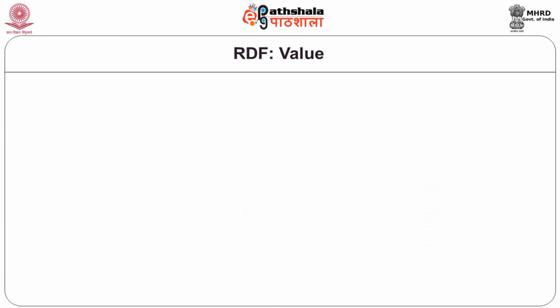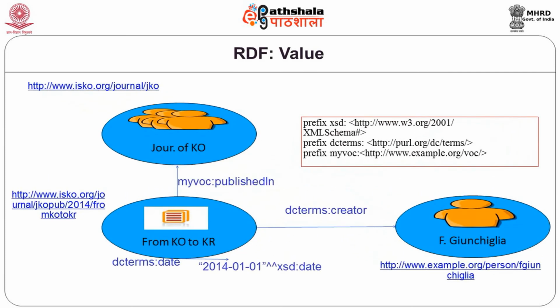Now the value is the value for the property of a resource, because we talked about the resource, then we talked about the property. Now we are talking about what the value of it is. These properties are kind of attributes or relationships between two resources. So here value is basically the value for the property of a resource.